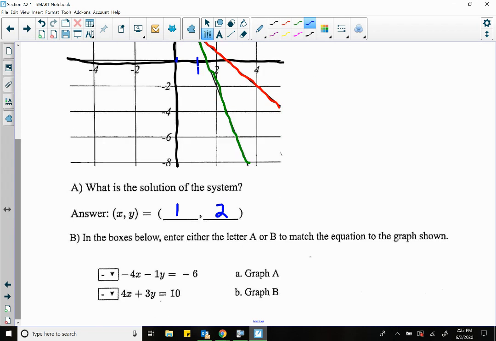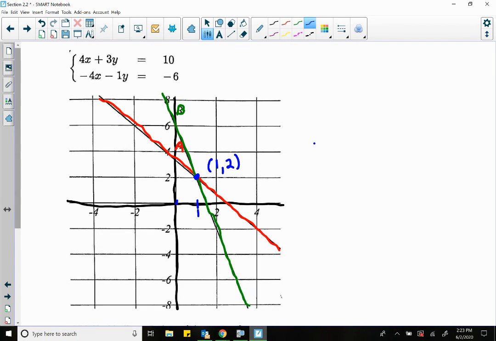The next part says, which line was what? Is the green line -4x minus 1y equal to -6? Or is the green line 4x plus 3y equal to 10? In other words, we need to use our calculator to help us out here. So let's take this line right here, 4x plus 3y equal to 10. Let's get it in slope intercept so we can put it into the calculator, because right now it's in standard form.